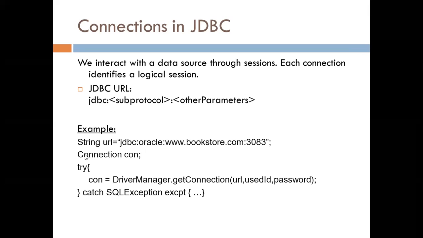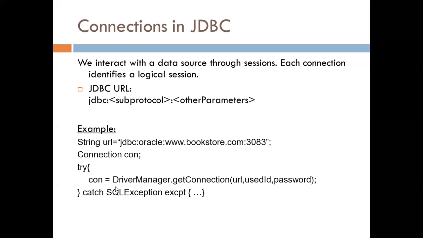Then there is a special class, that is Connection. This is built into the SQL package in Java. We have to declare one Connection object. After declaring the connection object, we put everything in a try-catch block because there might be an exception.